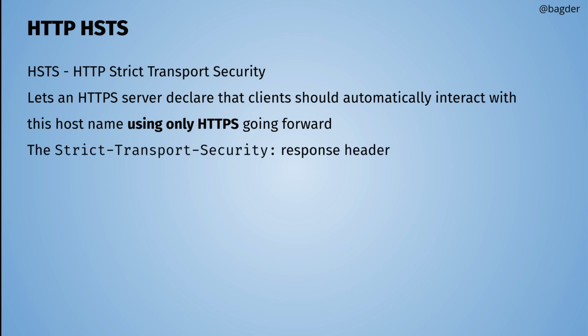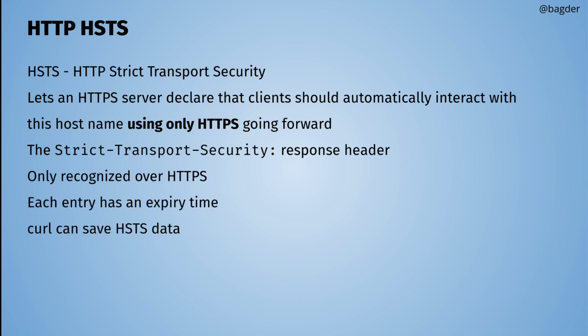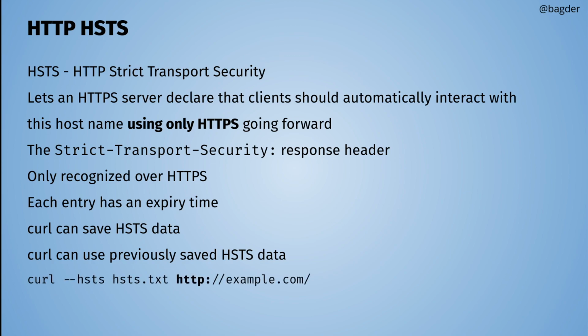And the service says this with this strict transport security response header, and curl will save that in a file if you ask it to, and then you can tell curl to use it. In this case, if we had saved that HSTS data for this example.com site, and we used its HSTS cache, it will not go over clear text again.